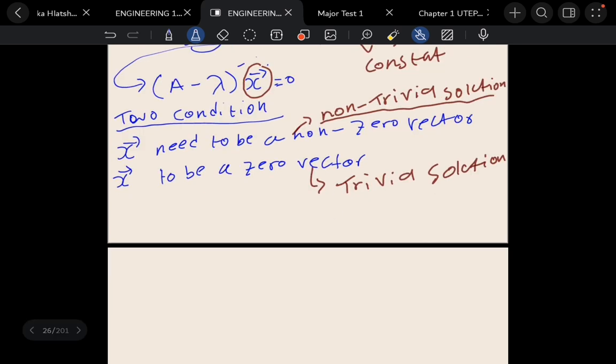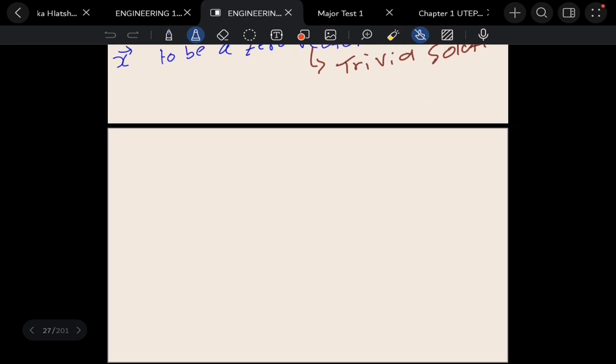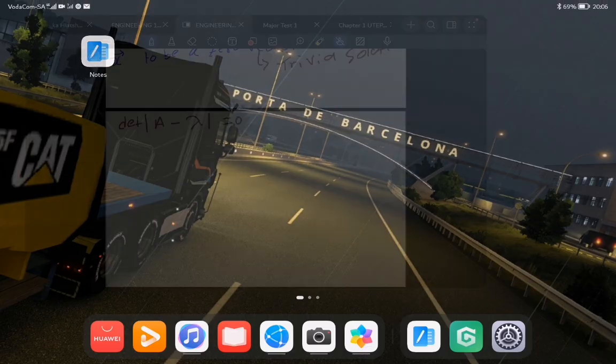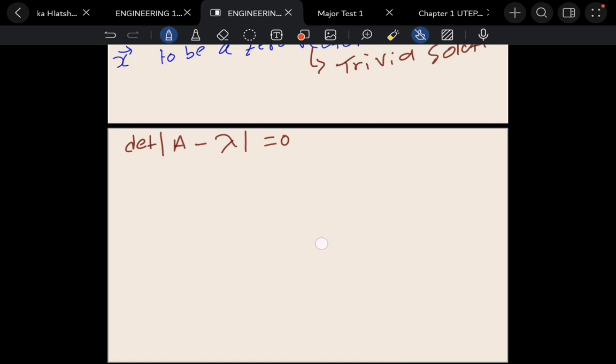Now let us proceed from this equation. So what I'm going to do, I'm going to take the determinant of A minus lambda is equal to 0. But there is a problem here, a big problem, because A is a matrix and lambda is just a constant.